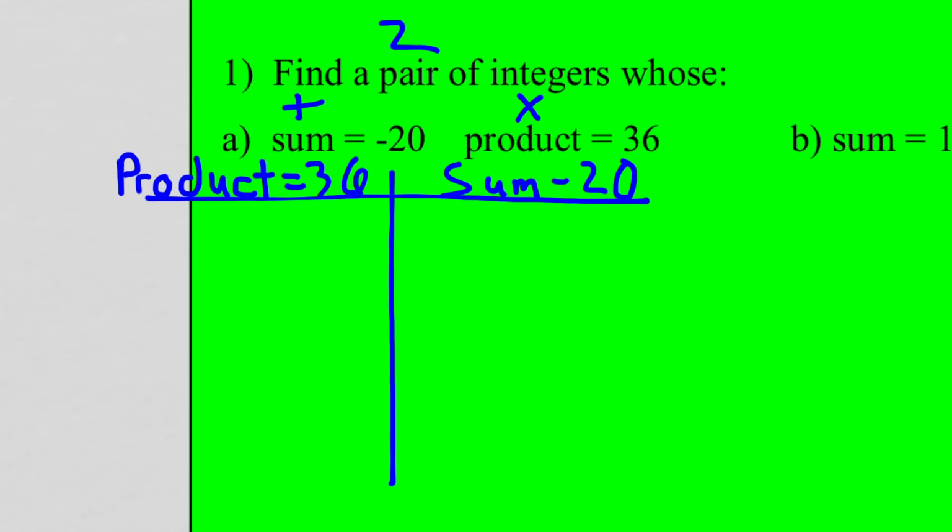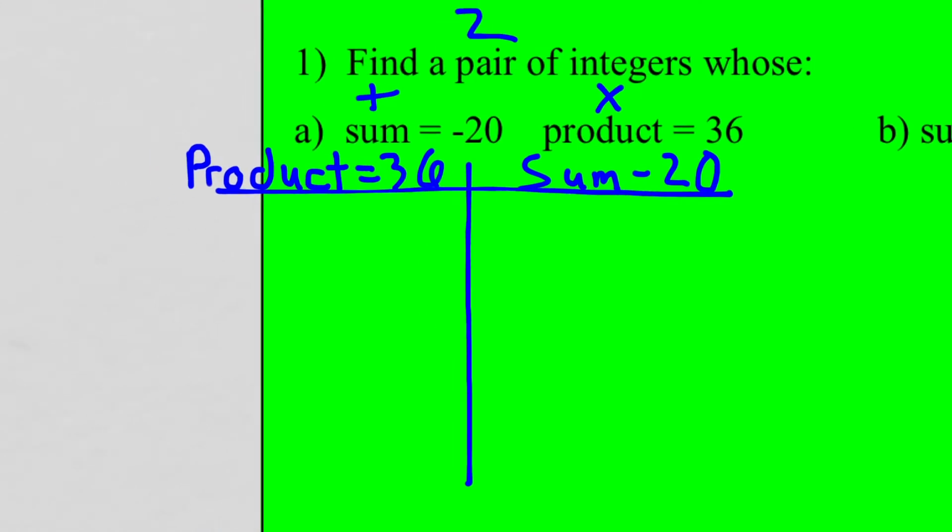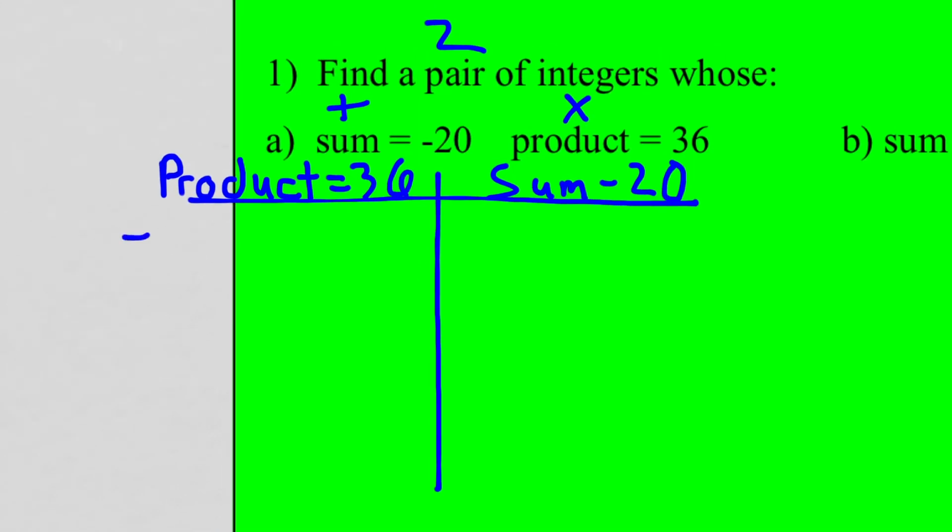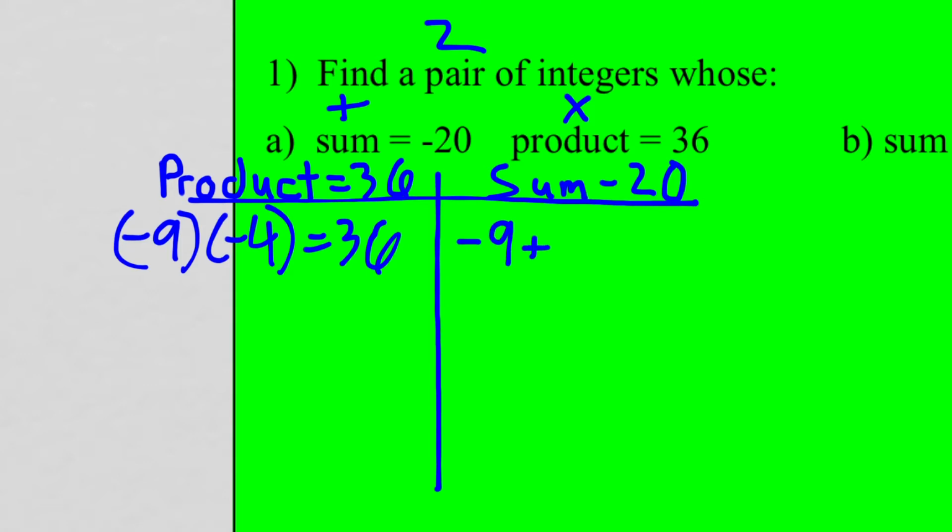So I'm going to do the wrong answer first. I'm going to say, you know what, I know negative 9 multiplied by negative 4 is positive 36. However, negative 9 plus negative 4, 9 negatives and 4 negatives, add to negative 13. So that's not the right answer. So I could go through a bunch of those products, and there's only a limited number that will multiply to 36.